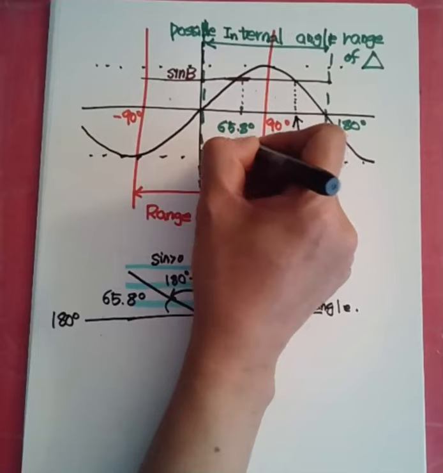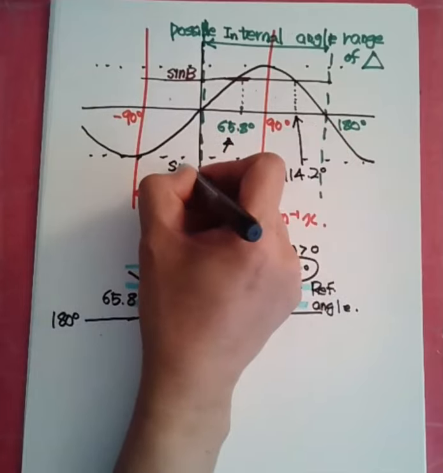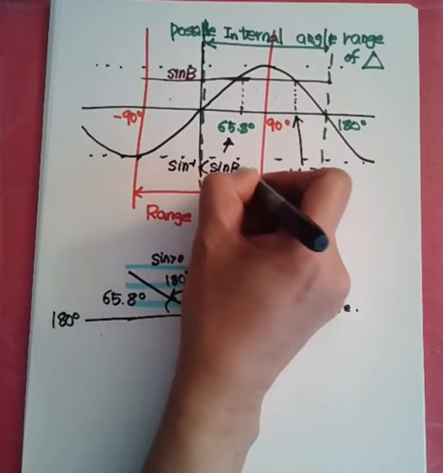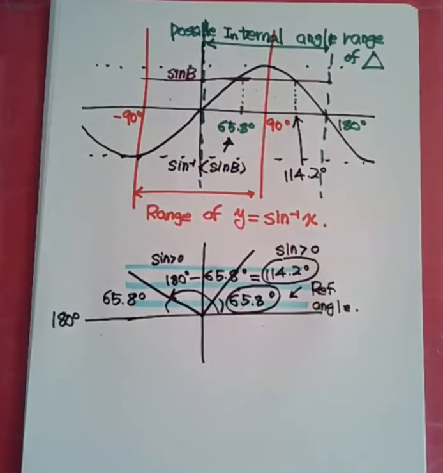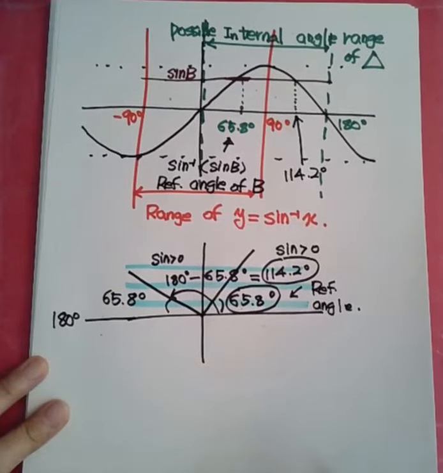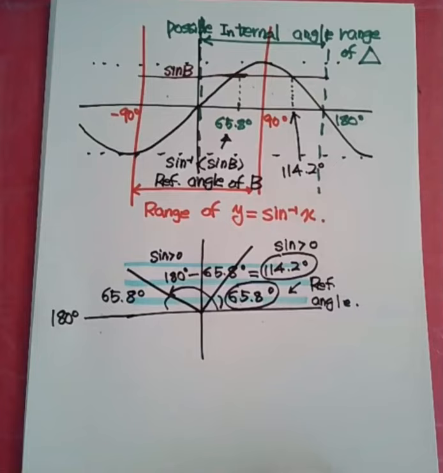So this angle was sine inverse of sine of B. So I said that is the reference angle of the angle B. The way we think about the validity is simple.